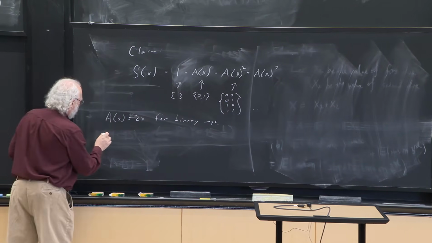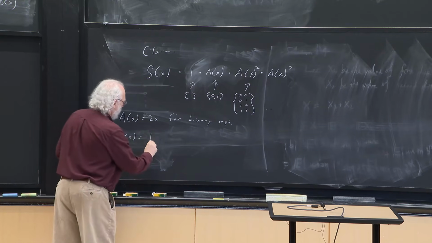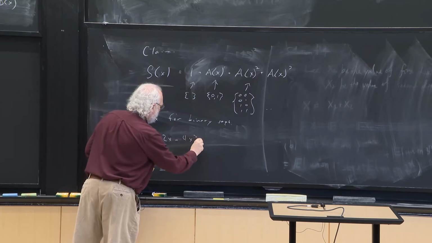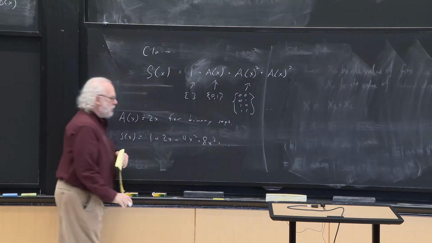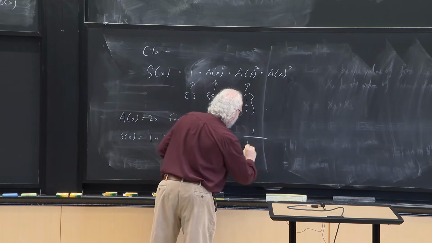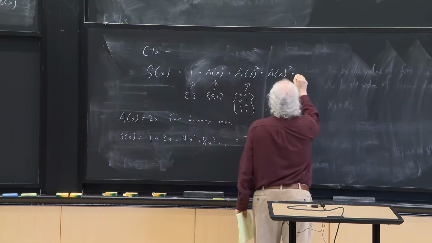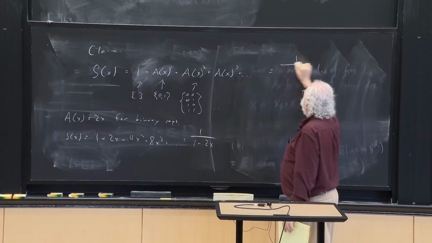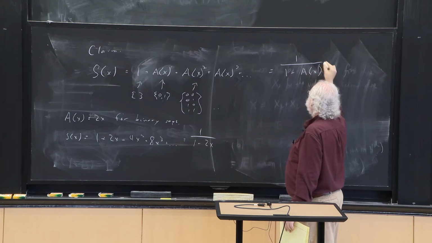So S of x is equal to 1 plus 2x plus 4x squared plus 8x cubed plus dot dot dot, which you probably all recognize as 1 over 1 minus 2x. And in fact, we can go up here and say this equals 1 over 1 minus A of x.